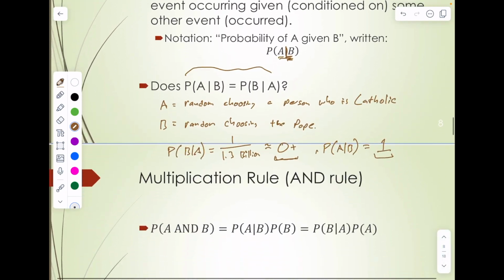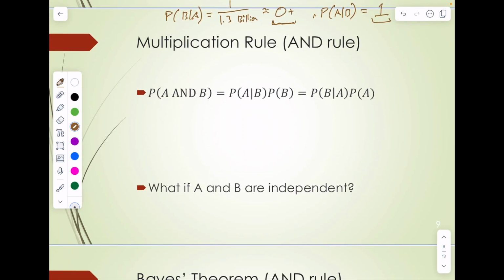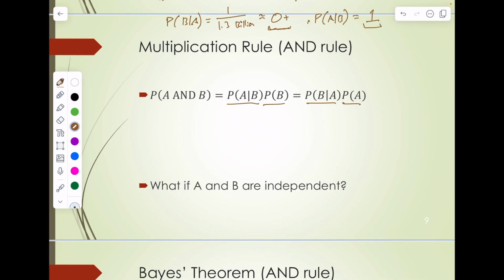So we've already seen an exhibition of this rule. Probability of A times the probability of B given A. Or you could switch the order around. The probability of A given B times the probability of B. Whatever is in the bottom, that gets its own probability.